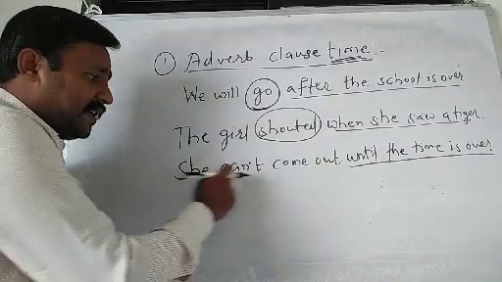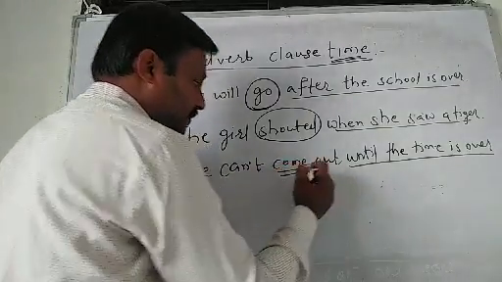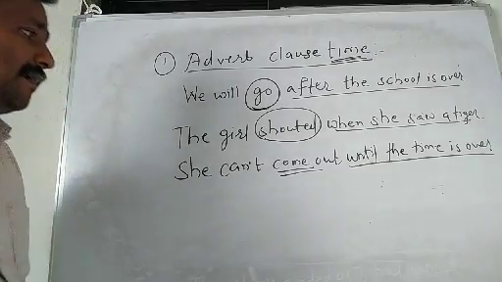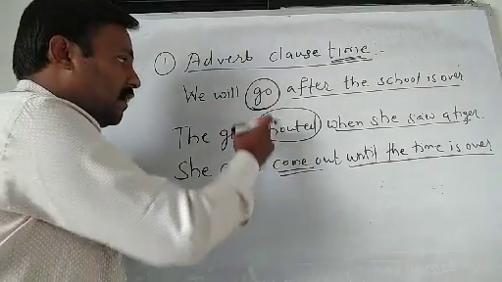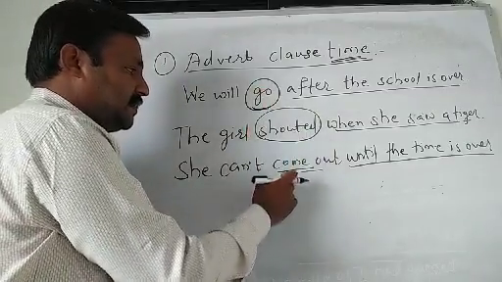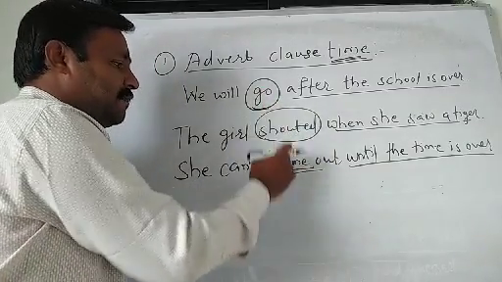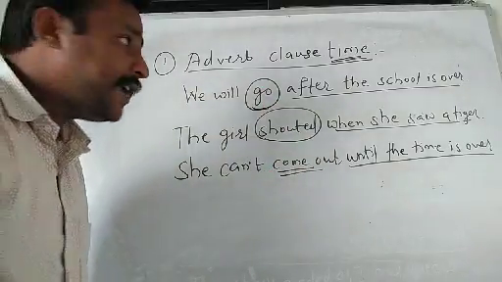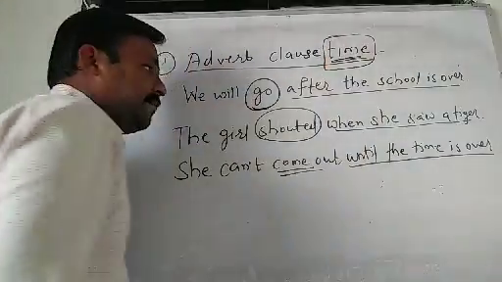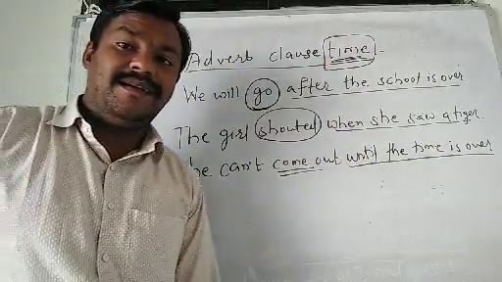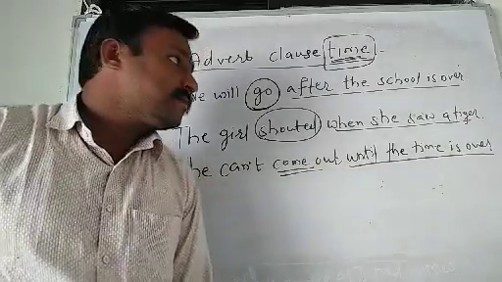Third example, "she can't come out," come out. In these three actions, we are getting more information, information about time, when that action is performed.